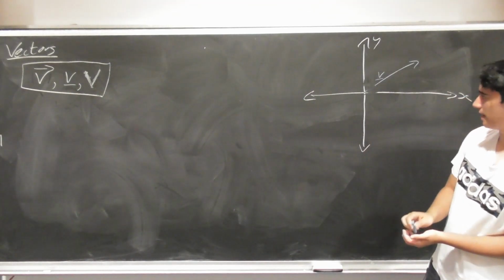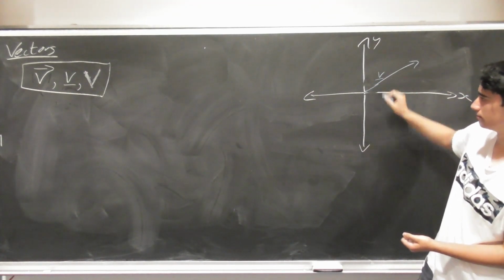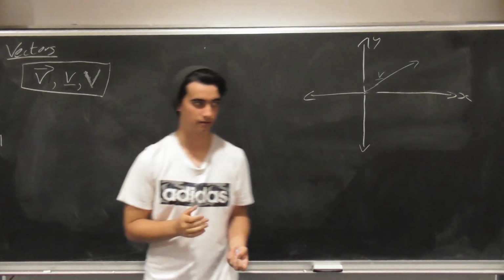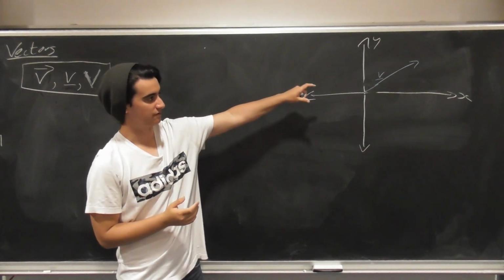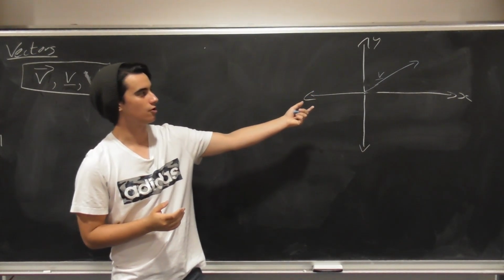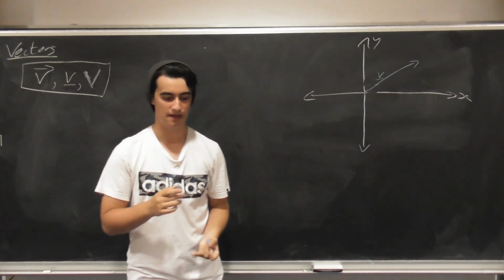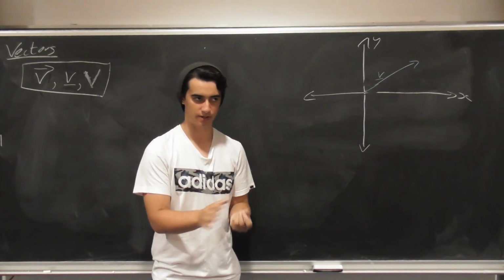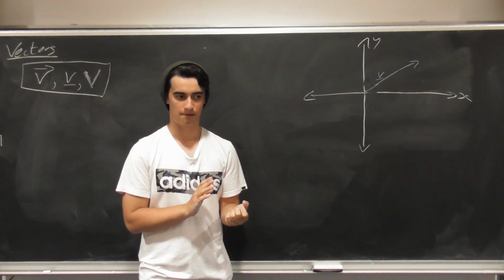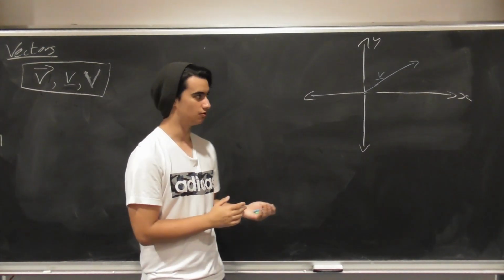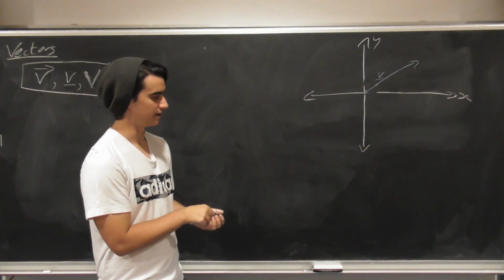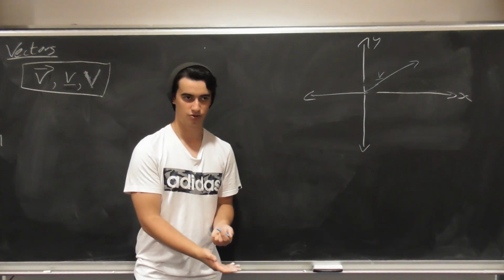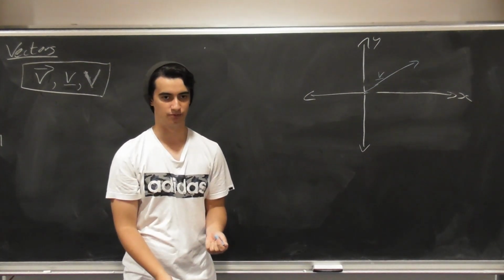So we have a vector v. Now, what can we do with it? Can we add it, subtract it? What can we play around with? The first thing we'll look at is if you can multiply some vector by some random number.